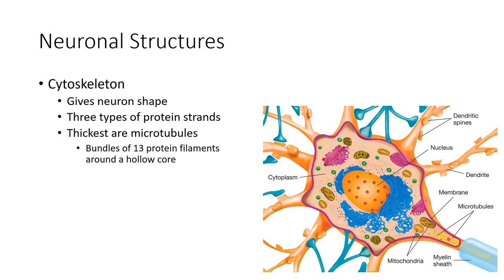If we look within here, we can see these tiny little tubes or microtubules. These are tight bundles of protein filaments. There's actually 13 protein filaments here, and these are built around a hollow core. The core here is hollow because it's going to allow for substance transport, so, for example, things leaving the cell. And we'll get more into that as we move along as well.